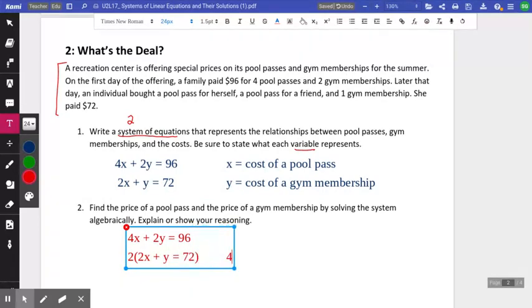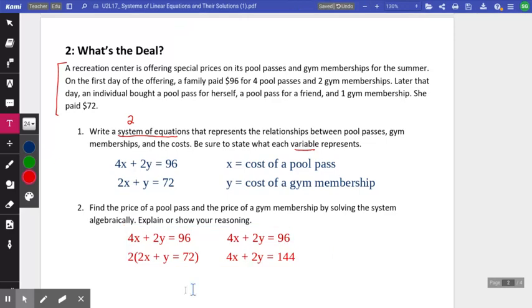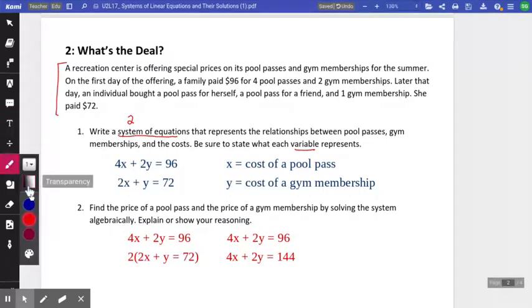If I do that, that gives me 4x plus 2y equals 144. That top equation's still the same, so it's still 4x plus 2y equals 96. Now that I've got both of them being 4x, I can subtract that second equation from the first equation.